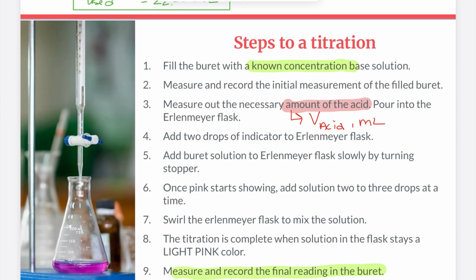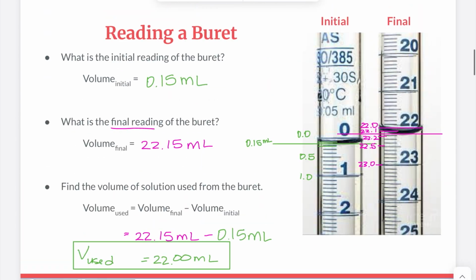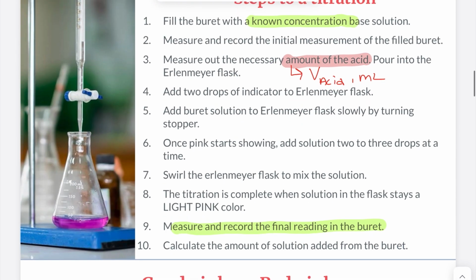And then we can calculate the amount of solution that was added from the burette, which is what we did up here. And then from there, we will have the known concentration of our base. We know how much acid we started with. We have found the amount of base that was used through that calculation. And then we'll be able to figure out what concentration the acid is that was in our Erlenmeyer flask.